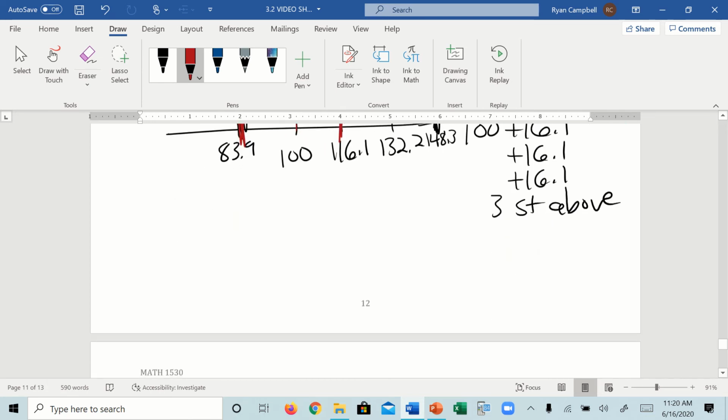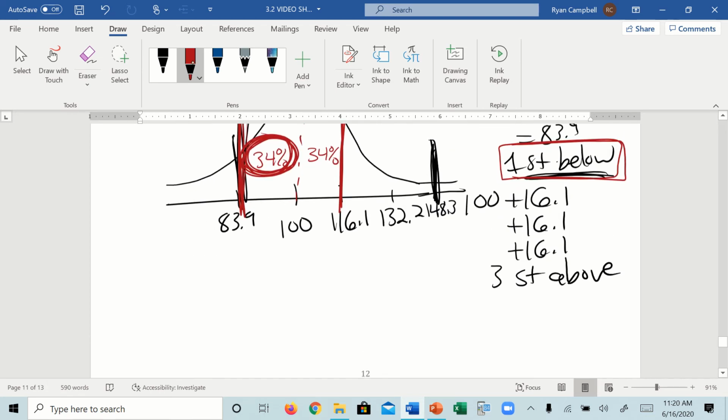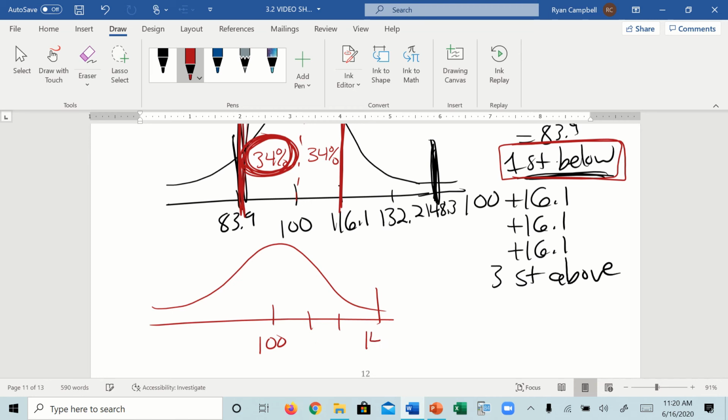All right, so now let's talk about the 3 standard deviations above. So we got 100, we got 3 standard deviations above, 3 standard deviations below. So we know within these two values is 99.7%. But we don't want above and below 3 standard deviations.